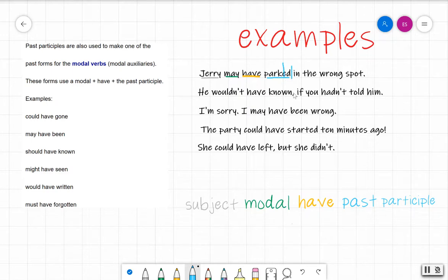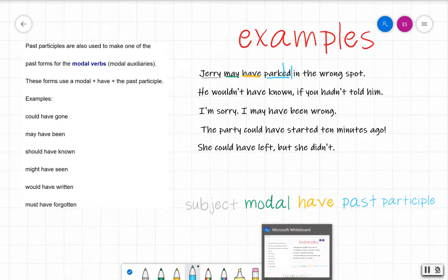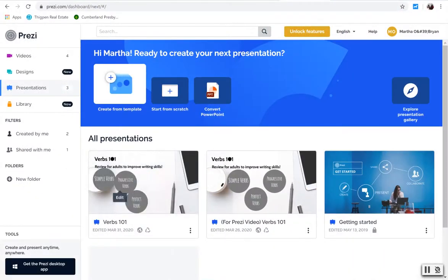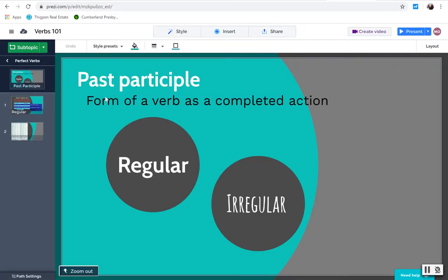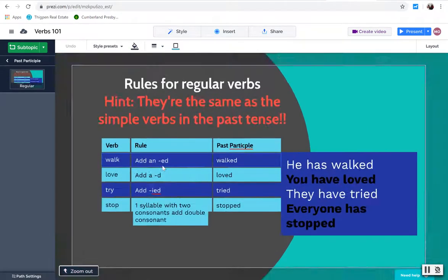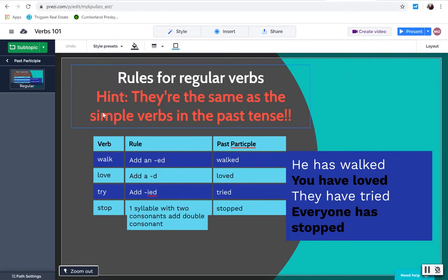Now let's just do a really quick review, just in case past participle has slipped your mind. Past participle is the form of the verb as a completed action, and we use it in the perfect tense. The regular past participle is just the simple verb in the past tense. So for example, just adding an ed to the end, like walk would go to walked.